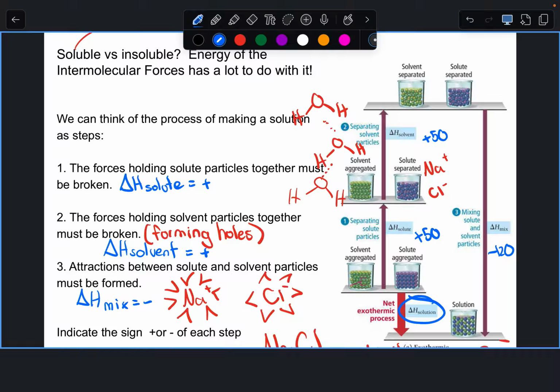In that instance, the overall difference is negative 20, meaning it's going down in potential energy. You can just picture this like an energy diagram, like reactants and products. The reactants are higher in energy than the products, meaning it's decreasing in potential energy. That's why the delta H would be negative, and we call that exothermic.